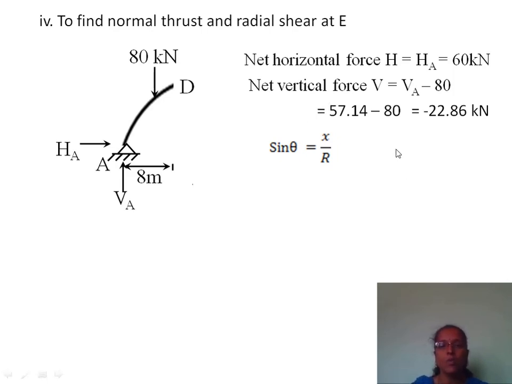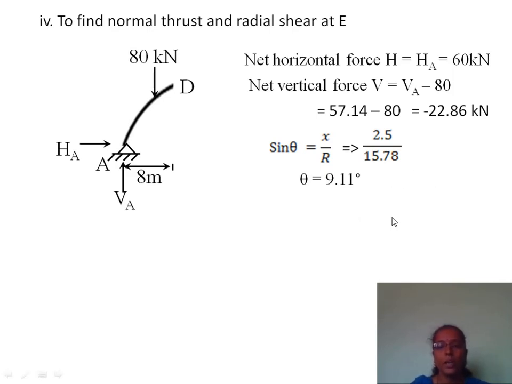Therefore x is 10.5 minus 8, which is 2.5. Substituting, 2.5 divided by r, which is 15.78, the value of theta will be 9.11 degrees.